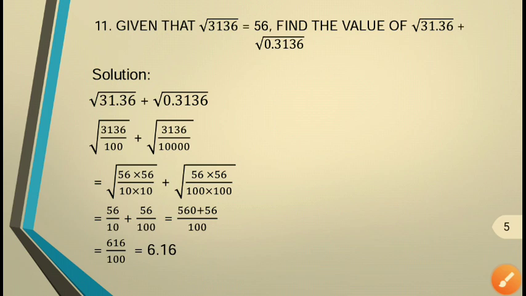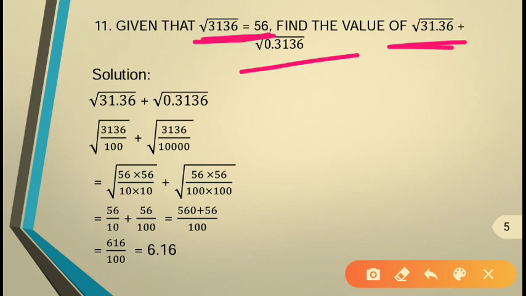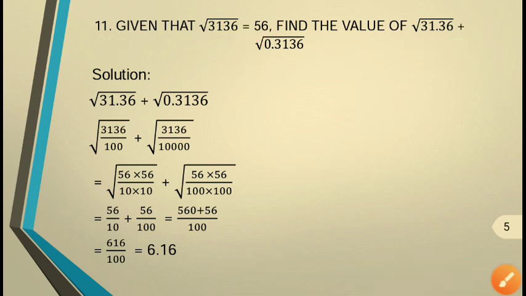Next and the last question from this exercise is question number 11. Given that under root 3136 is equal to 56, it is given. You need to find out the value of this. First of all, do one thing. Remove the decimal.